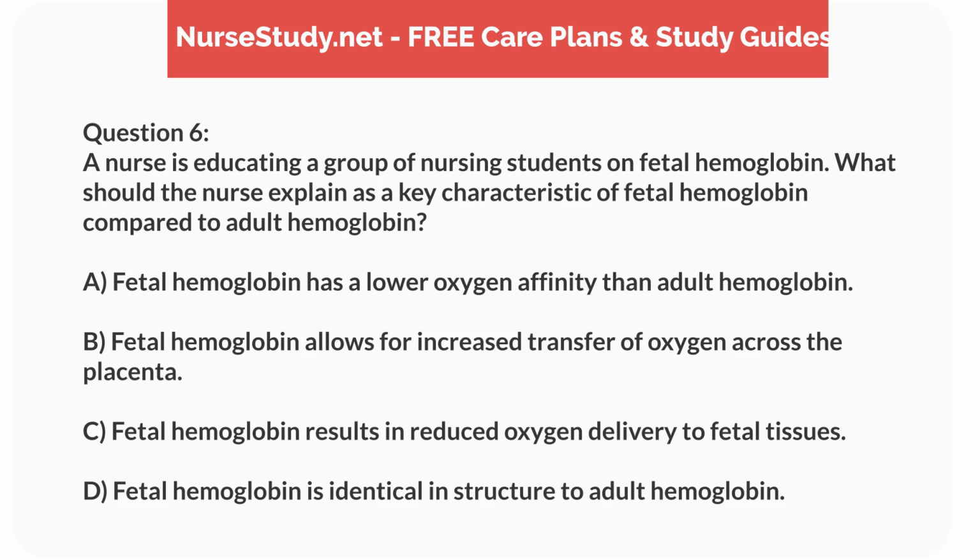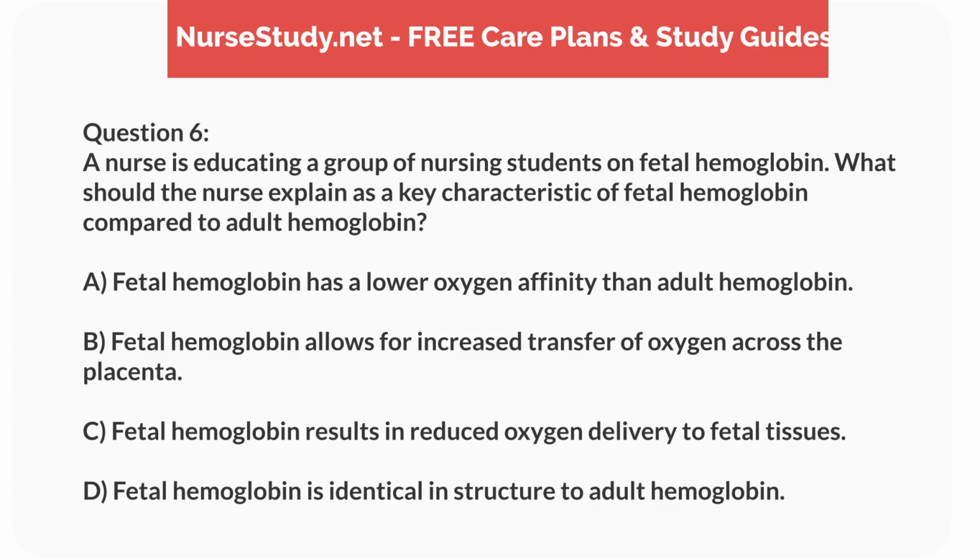Question 6. A nurse is educating a group of nursing students on fetal hemoglobin. What should the nurse explain as a key characteristic of fetal hemoglobin compared to adult hemoglobin? A. Fetal hemoglobin has a lower oxygen affinity than adult hemoglobin. B. Fetal hemoglobin allows for increased transfer of oxygen across the placenta.